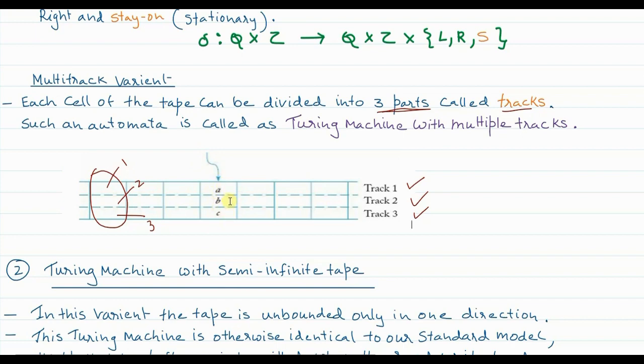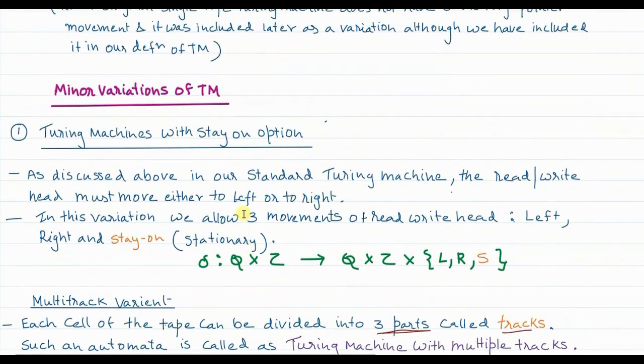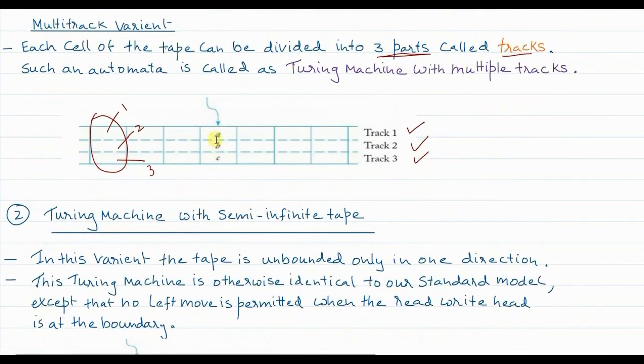Fine. Other than that, this multi-track variant is exactly the same as your single tape Turing machine with respect to the functionality and with respect to the movement of the head pointers and everything. The only difference is that in the original single tape Turing machine, at a time only one symbol in a cell is read.